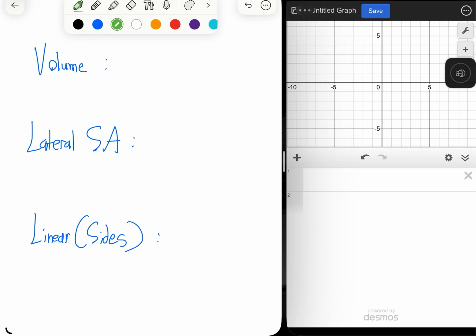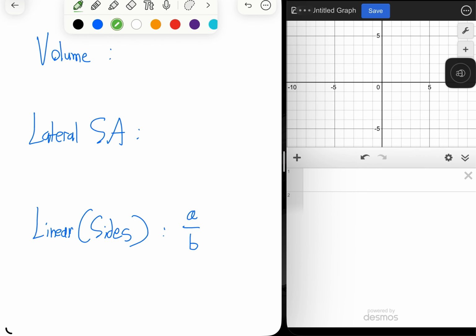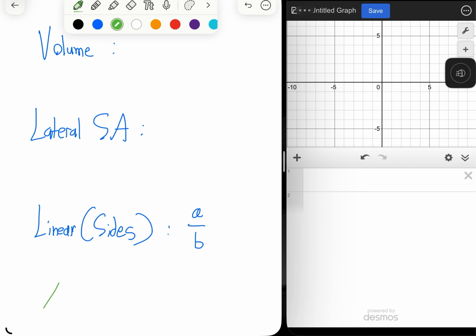let's say that the ratio of two similar cones, or really two similar figures in general, is A to B. I'm just going to draw a cone because we have a cone in this problem, but this can work for any figure.